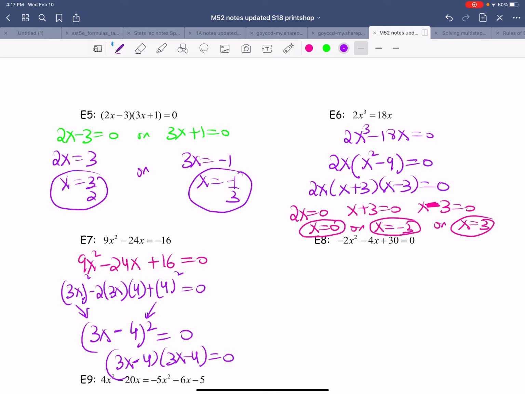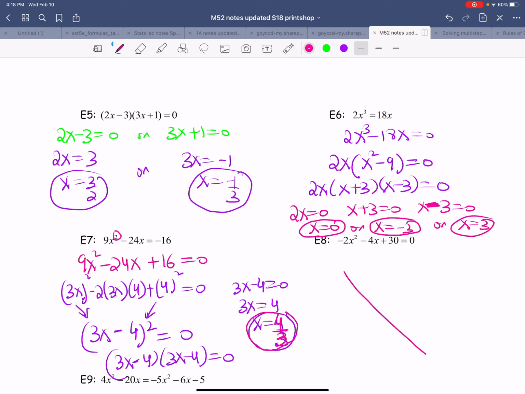And now we can use the zero product property, which says 3x minus 4 is 0, or again 3x minus 4 is 0. So when we solve for x, x comes out to be 4/3. In this case, you do have a repeating solution. You are expecting two solutions, but you're getting the same solution twice. It's a repeating solution. You didn't have to use the special product method here.